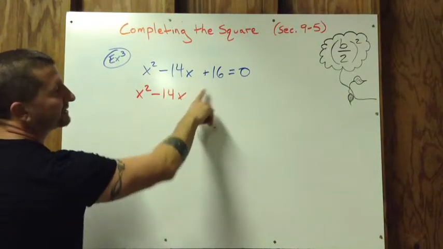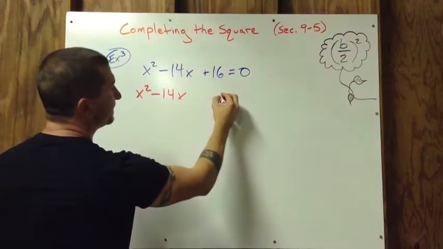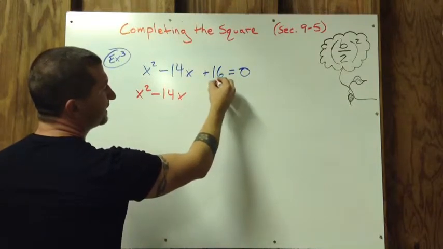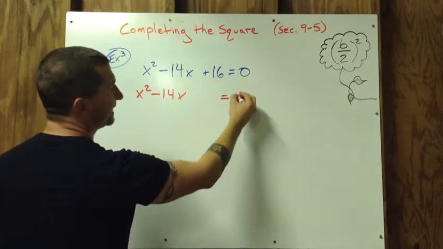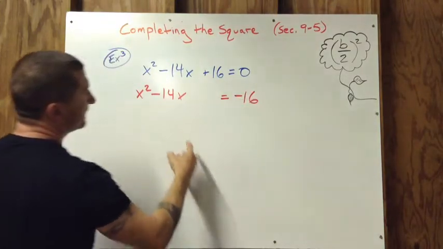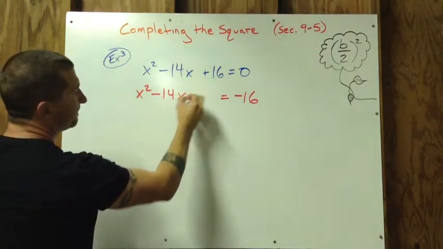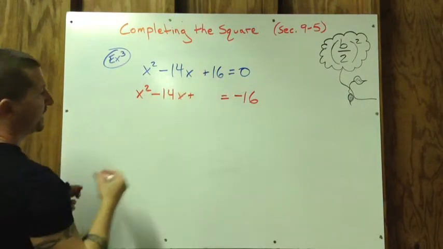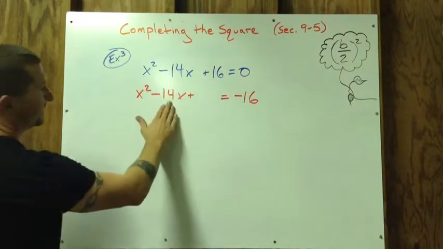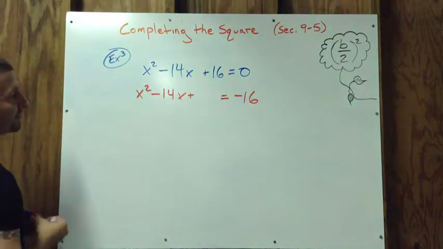We need to move the 16 to the right side of the equation by adding or subtracting 16, or adding negative 16 to each side. Now we need to complete the square here. Remember, it's b divided by 2 squared. So what is b? In this case, b is negative 14.